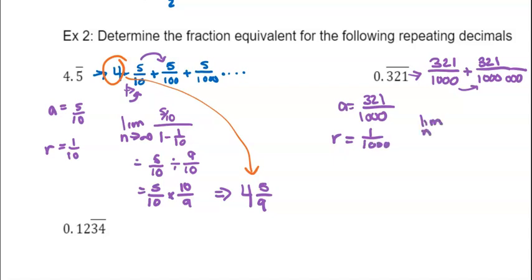So the limit, as this series continues on, is 321 over 1,000 divided by 1 minus 1/1,000.